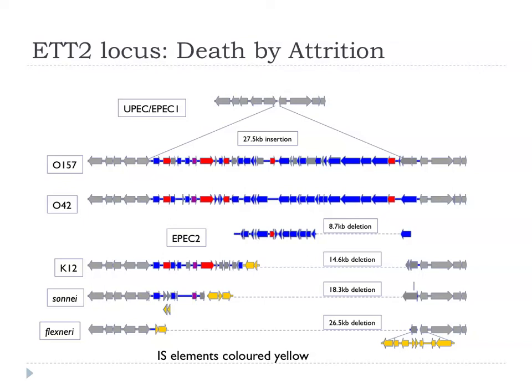And in Shigella flexneri, which is another kind of E. coli, although we call it Shigella, it genomically belongs within E. coli, there are just a few hundred base pairs left of this island, and loads of insertion sequences at that locus where the island was. So this is the way in which genes are lost from genomes. They slowly decay away like this.